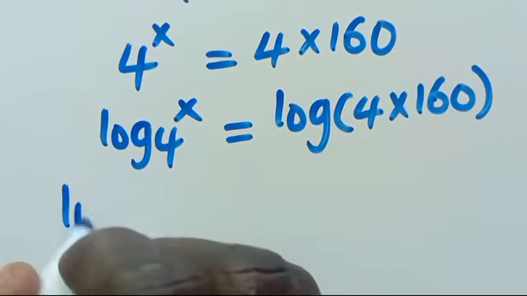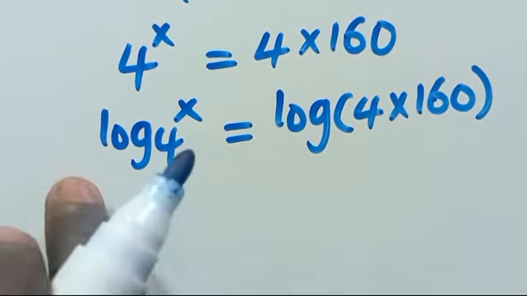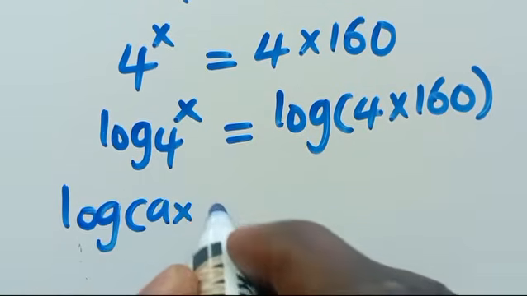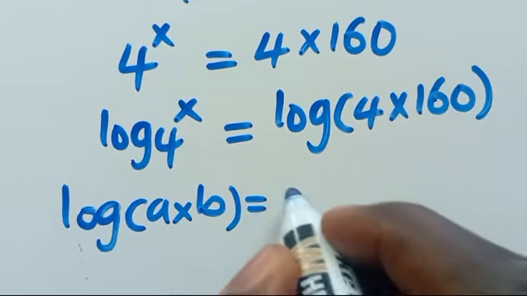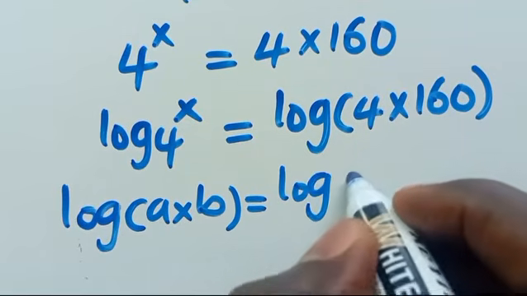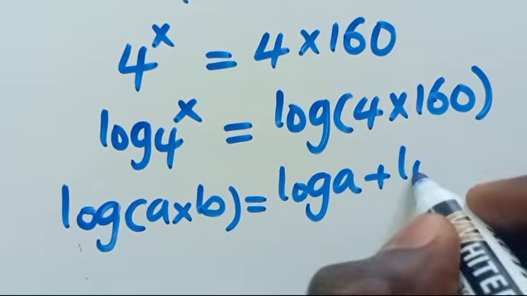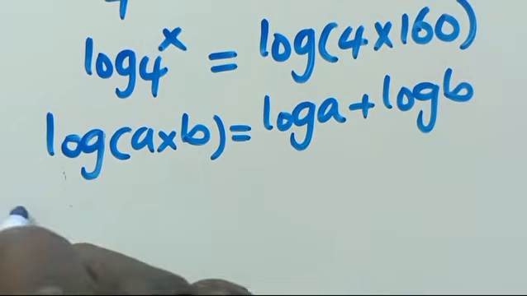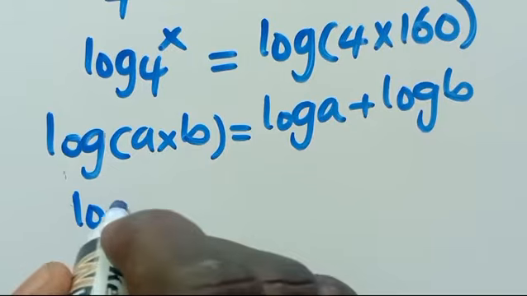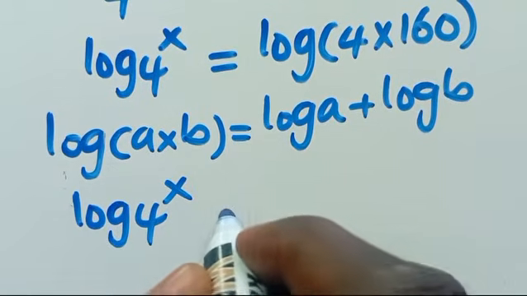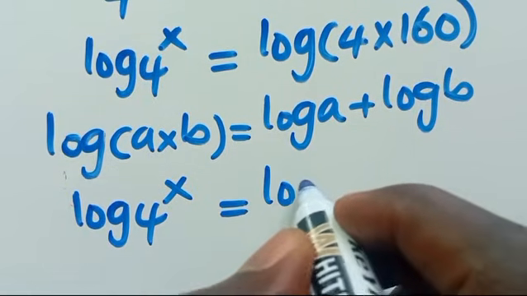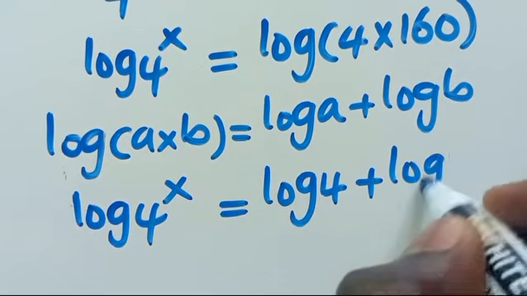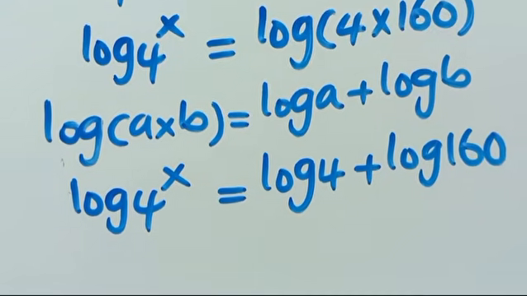When we have log of a times b, it equals log a plus log b. So this will be log 4 to the power of x equals log 4 plus log 160.